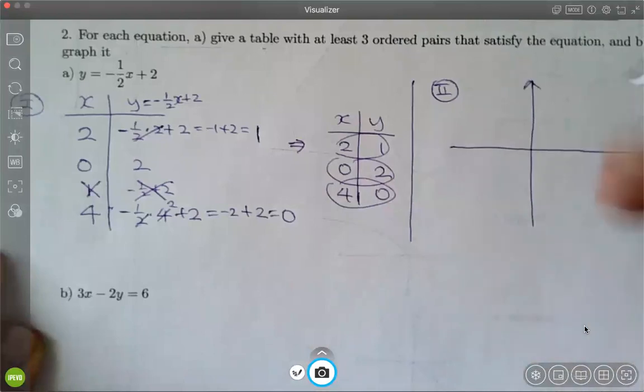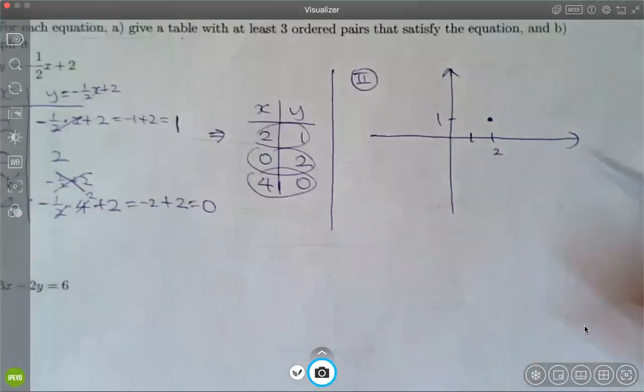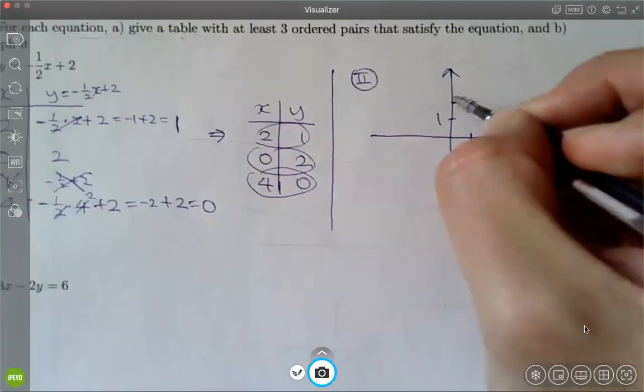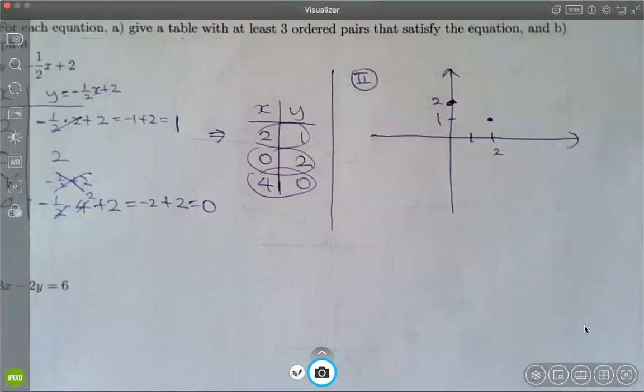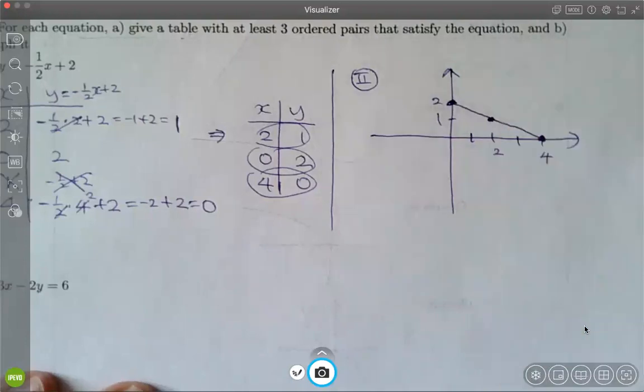So (2, 1) is here. And now (0, 2). Where is (0, 2)? It's this point, right? And then (4, 0) would be somewhere here. Now, based on how these 3 points are lined up, can you see the shape of the graph? Yeah, it's this line. Now, here's my question.